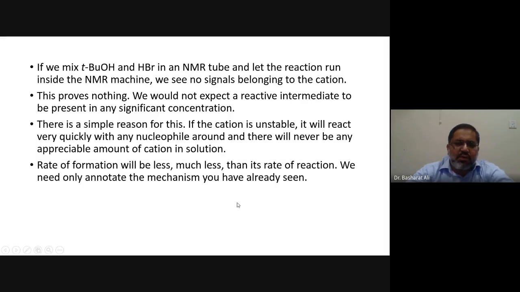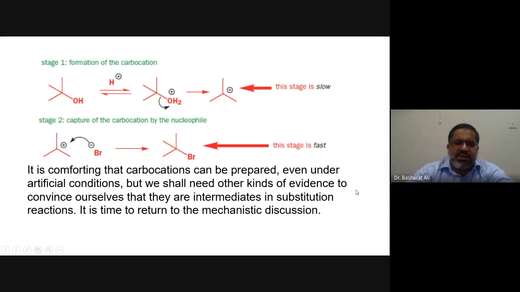We need only annotate the mechanism you have already seen. Here is a further explanation for the formation of the carbocation: tertiary butyl alcohol reacts with H positive ions, produces a water molecule, and gives the tertiary carbocation. This is a slow step. Therefore, it is the rate determining step.